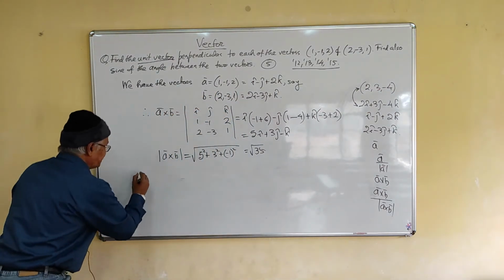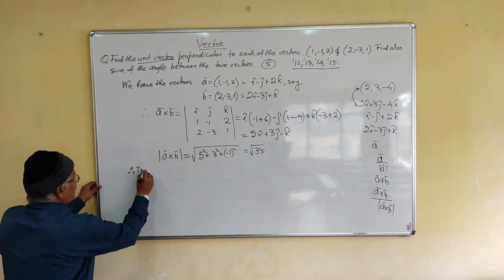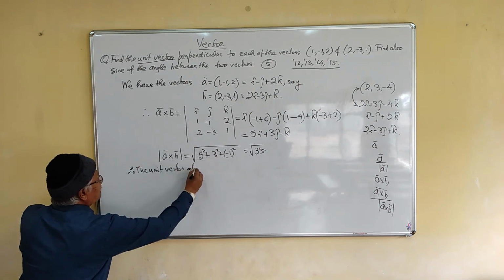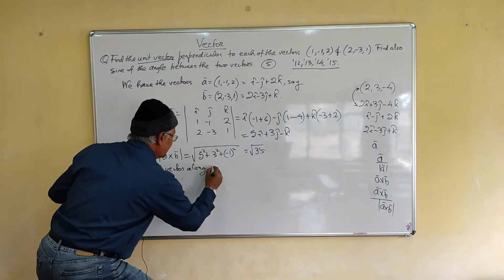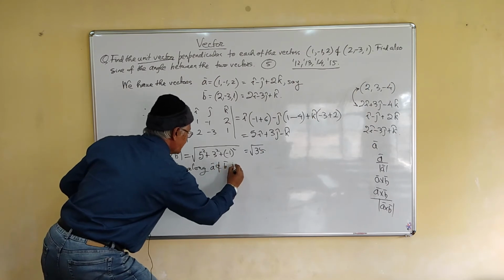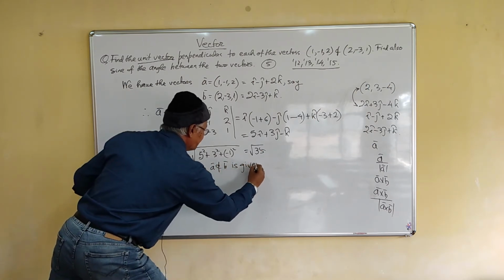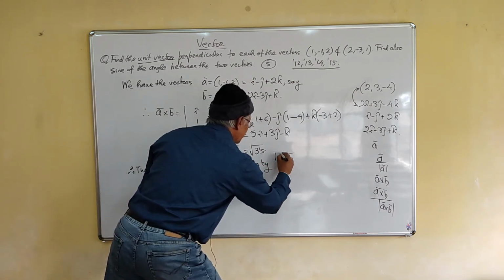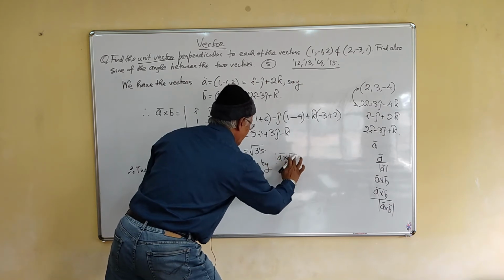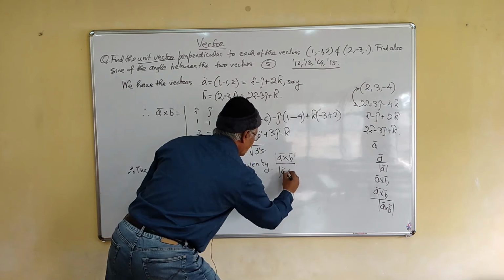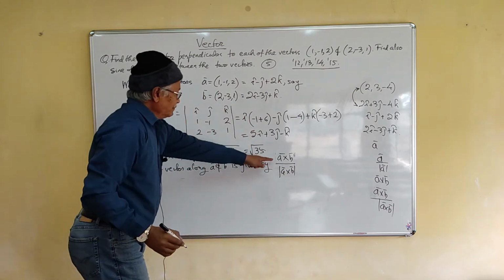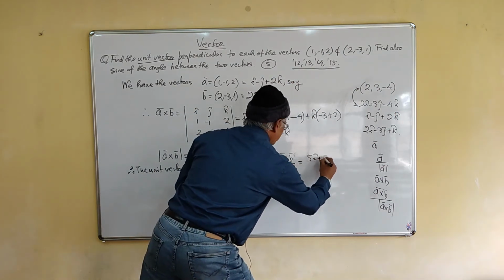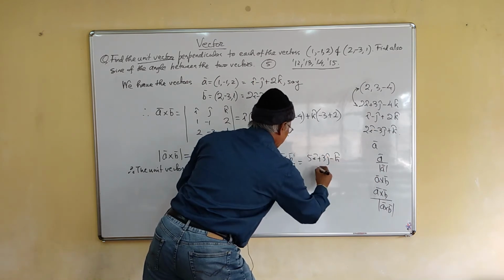So therefore, the unit vector along A cross B is given by A cross B, which of course is a vector, divided by the mode of A cross B. Now you have this already: that is equal to 5i plus 3j minus k divided by how much?